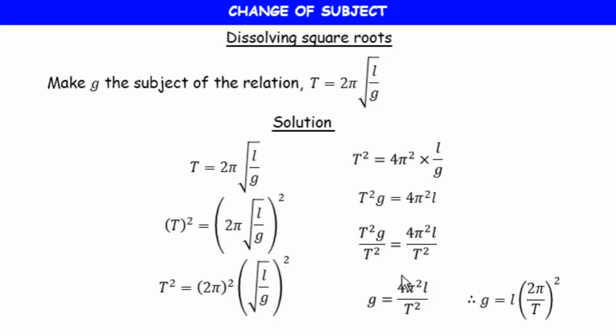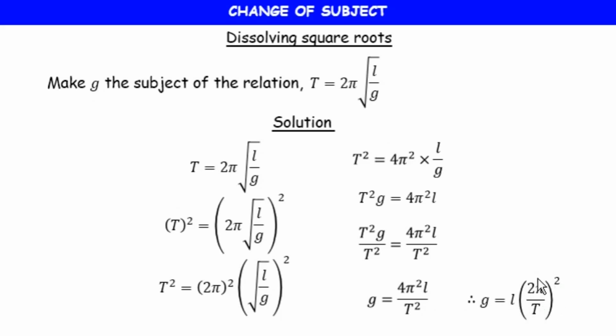Now you can decide to further simplify this expression. So 4 pi squared all over t squared, you can write as 2 pi over t all squared, and then you bring the L outside. Now when you expand this, you are going to get back 4 pi squared all over t squared, because this square is going to affect the expression up here as well as the expression down here.